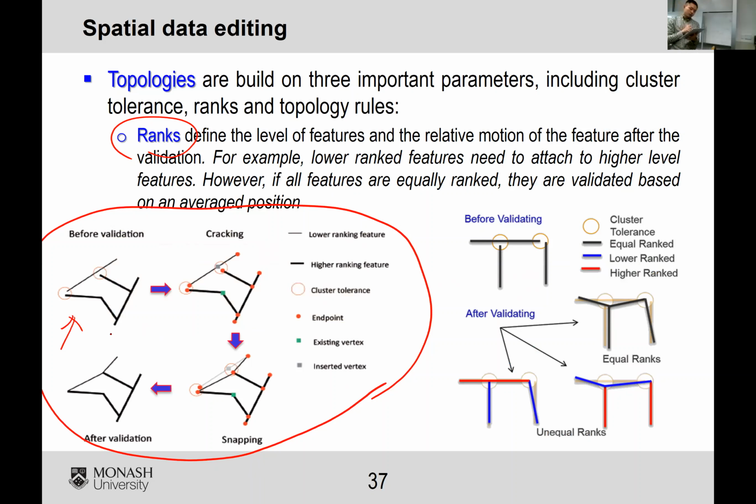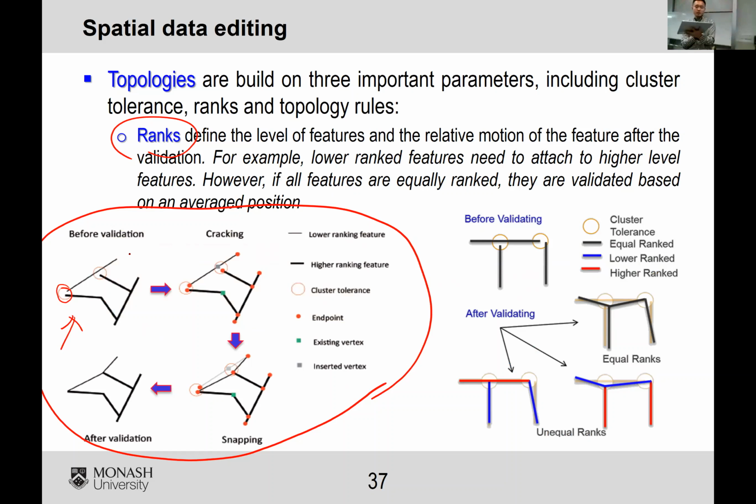And if we want to validate the topology of these features, then basically we want to connect these edges. You can see the vertices of these two edges are falling inside the cluster tolerance, meaning they will be snapped together.